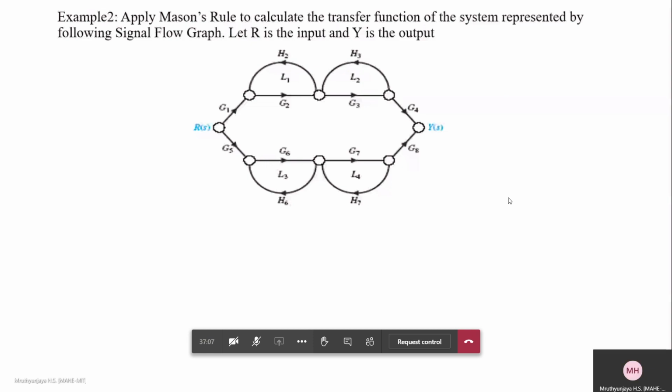Next one, the second one. Apply Mason's formula to calculate the transfer function of the system represented by the SFG given here.